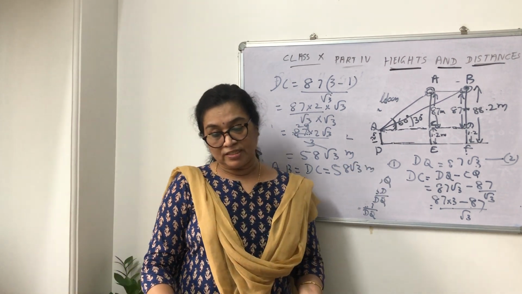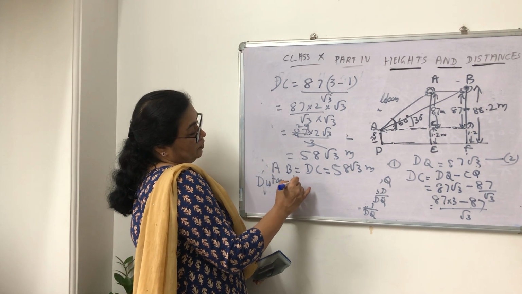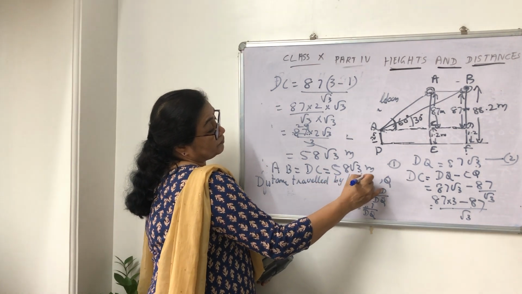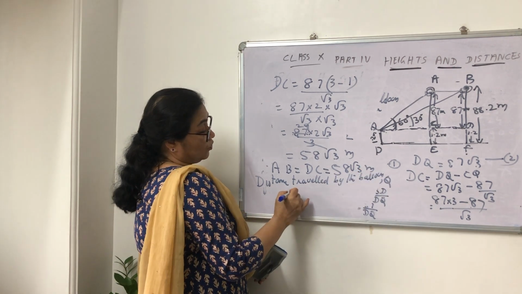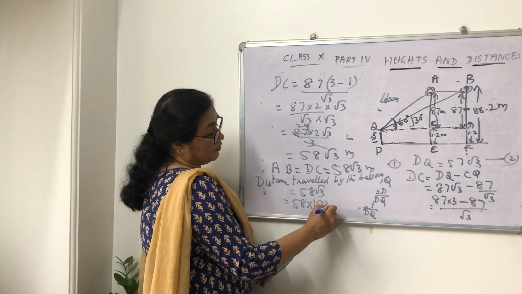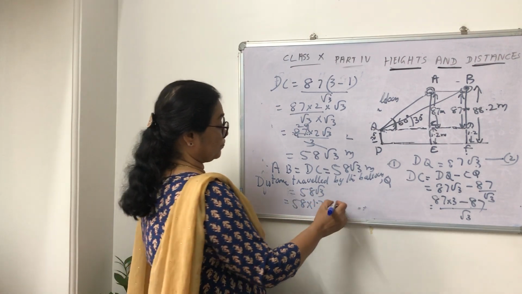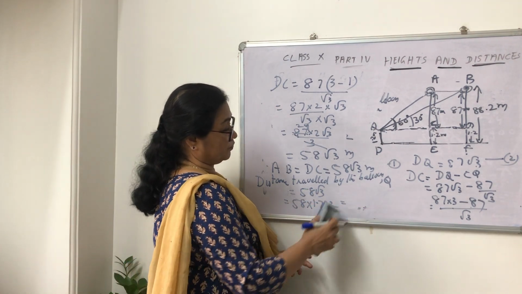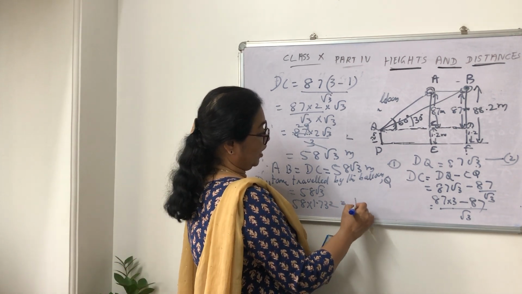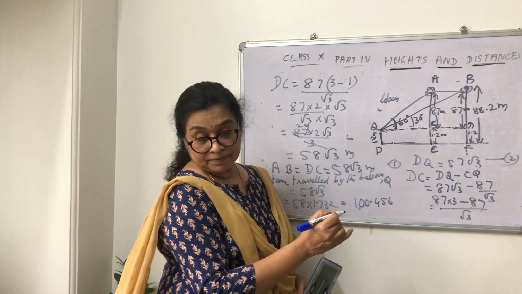So the distance travelled by the balloon is 58 root 3, that is 58 into 1.732, that is equal to 100.456 meter.